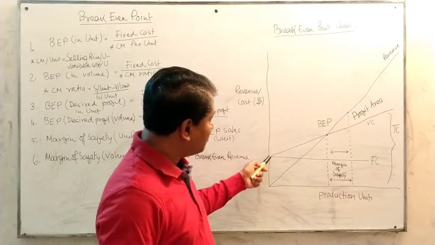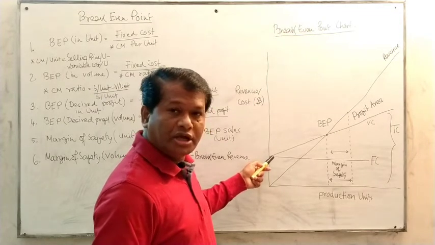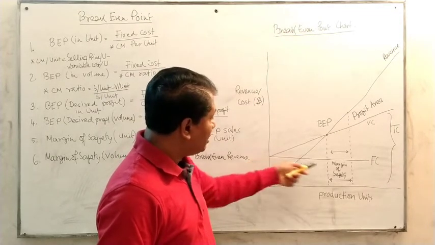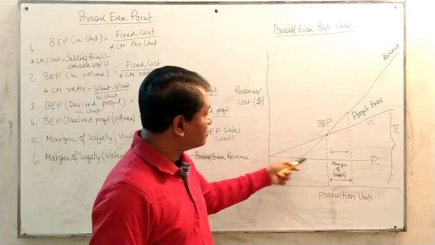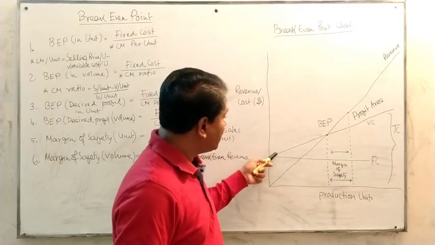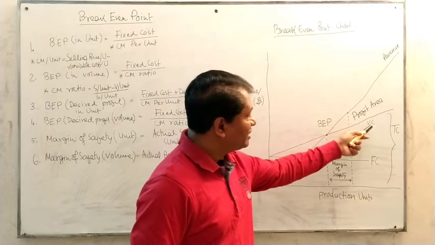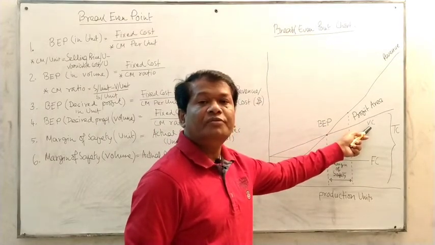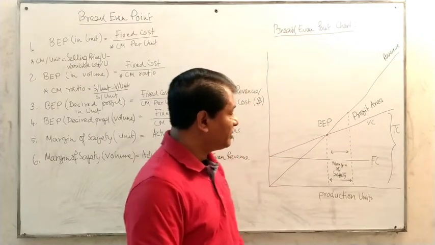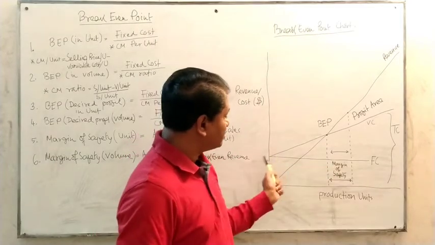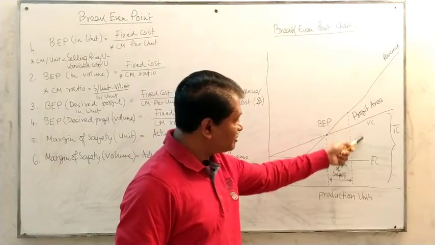The variable cost normally starts from the fixed cost line. Here is the fixed cost line, and the variable cost goes like this. This line is the variable cost, VC, that is plotted. So here is the fixed cost, and this space is the variable cost.